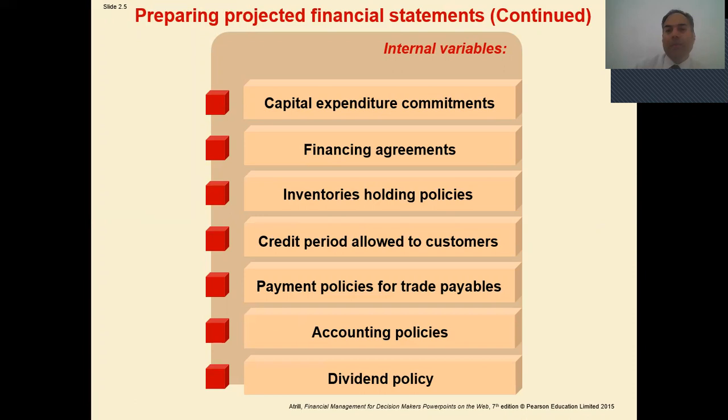Preparing projected financial statements, looking at the internal variables, capital expenditure commitments. So how much capital commitments are we making currently? Looking at any financing agreements that we have, inventory holding policies, credit period allowed to our customers, because obviously that affects how quickly we can get money coming in from our customers, payment policies for trade payables, accounting policies, and any dividend policies.